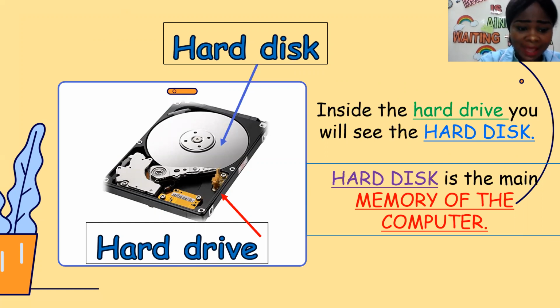Did you see the black? Okay, let me bring out my pencil. This one. This is called the hard drive. It is called the hard drive. Very good, students. Now let's continue our class.